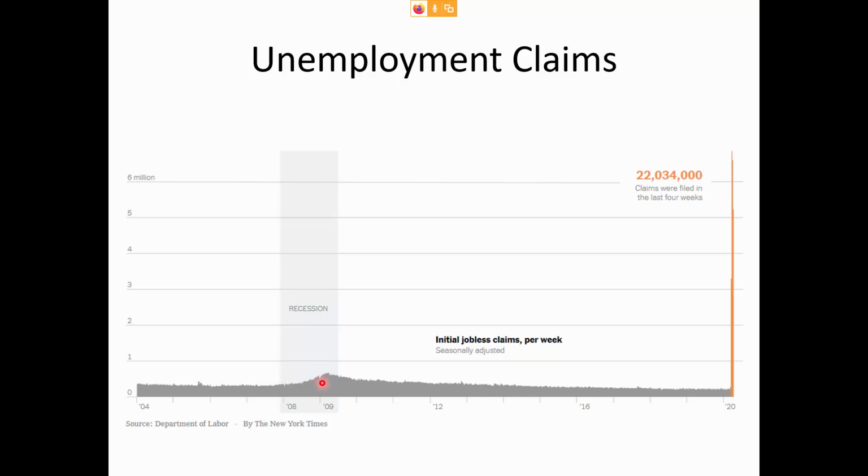So that so-called crisis never even broke 1 million claims per week. But over the last several weeks, we've seen the jobless claims at 3 to 6 million people per week. And so we have a lot of unemployment.